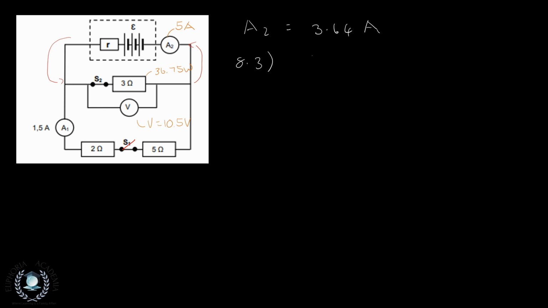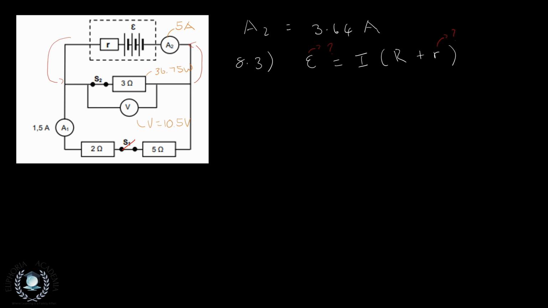Okay, so the formula of EMF is epsilon, which is equal to our total current multiplied by our external resistance plus our internal resistance. Now, in this formula, we don't know what our epsilon is, and we don't know what our internal resistance is.